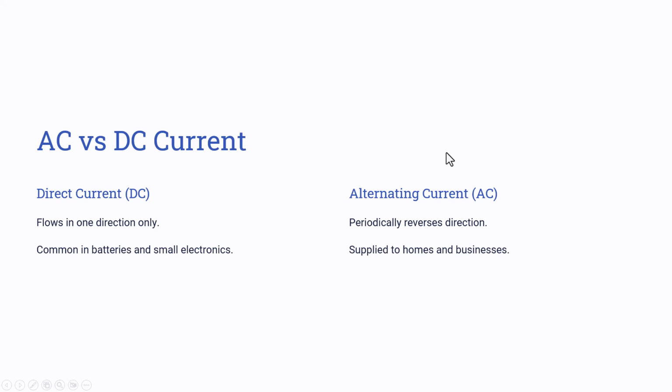As for AC current, as I said, it periodically reverses its polarity, so it changes over time, and these periodic changes can be measured using hertz. In Ghana we go by between 220 to 230 volts, operating at 50 hertz, which means it's changing 50 times in a second. And then we have the US, which goes with 110 volts at 60 hertz, changing 60 times in a second.